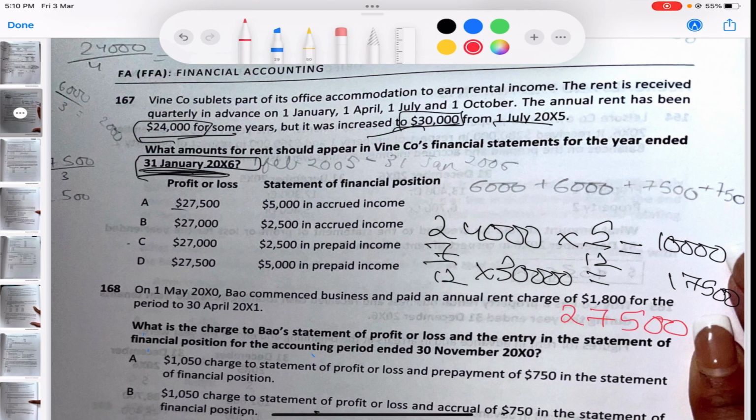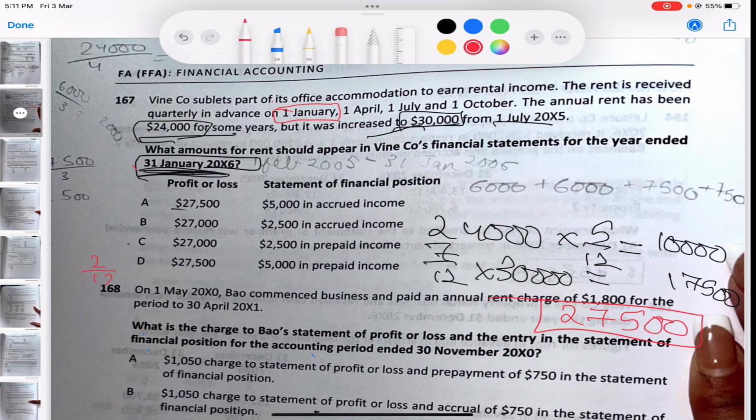I hope you are clear till here, right? Now, my year ends on 1st Feb, right? On 1st Feb my year ends, but on 1st January I received for Jan, Feb and March, right? Are you understanding my point? My year ends by Feb, but on 1st January I received advance for 3 months, which means 2 months are advanced, 2 months are prepaid.